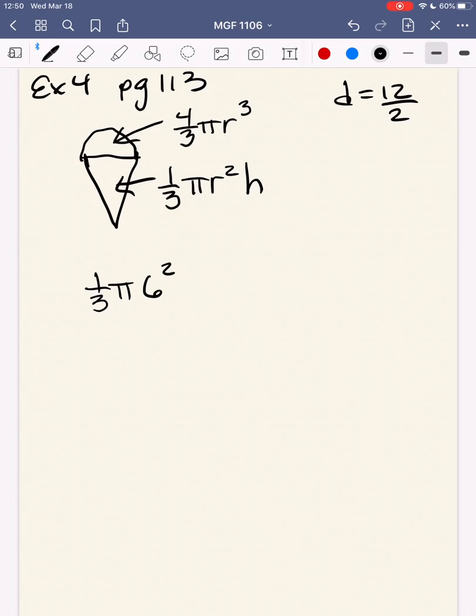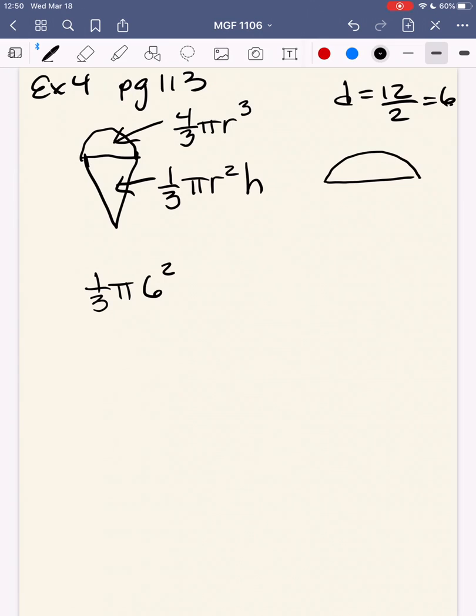And then I have to multiply it by, now this is cool because what we really have here is half a sphere. We don't have a whole sphere. So my diameter is 12, my radius is 6, right?